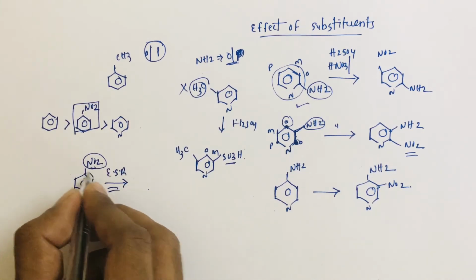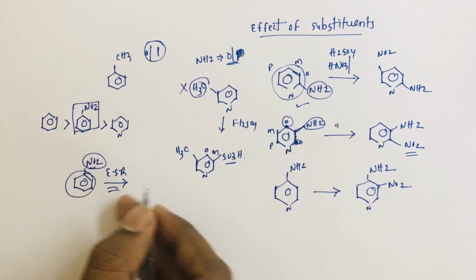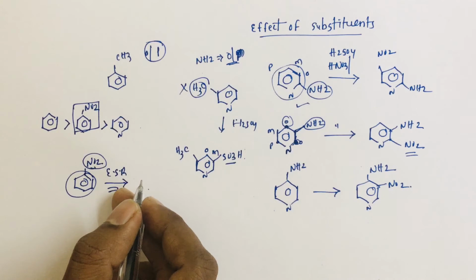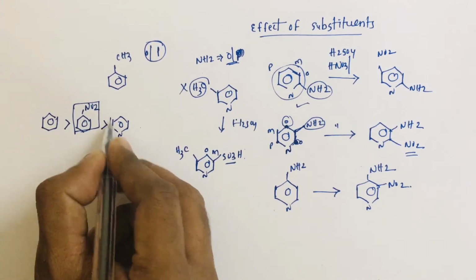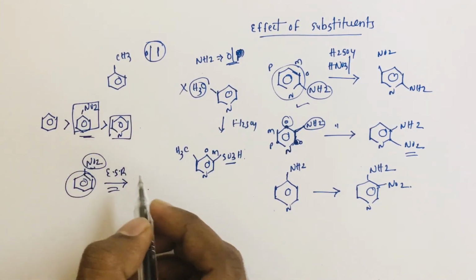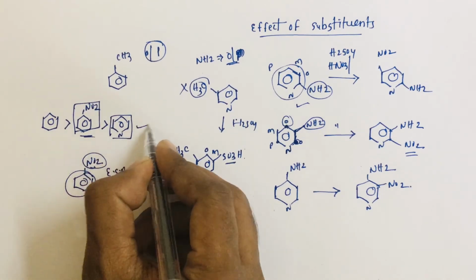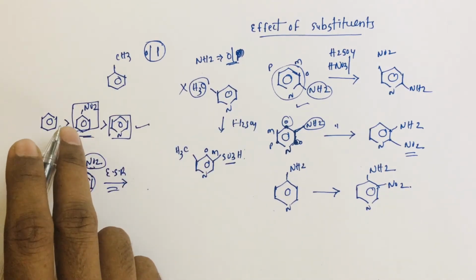It takes electron density from the benzene. Because of that, it's not that reactive towards electrophilic substitution reactions. Pyridine is even less reactive than this one, so we have to use more drastic conditions for pyridine compared to nitrobenzene.